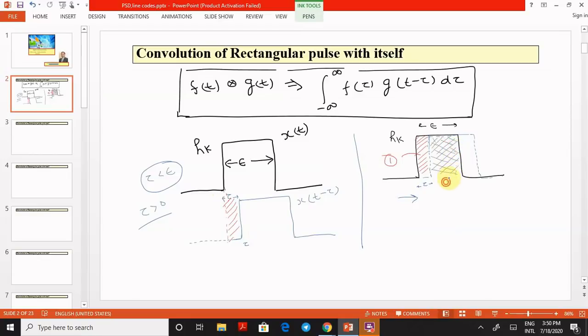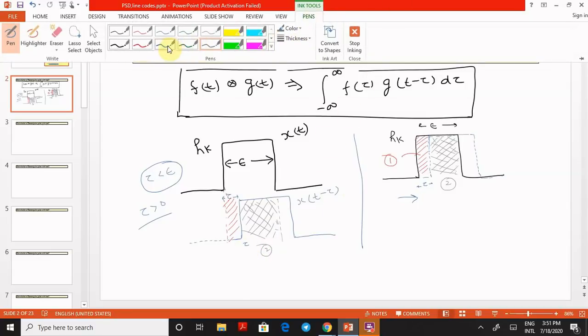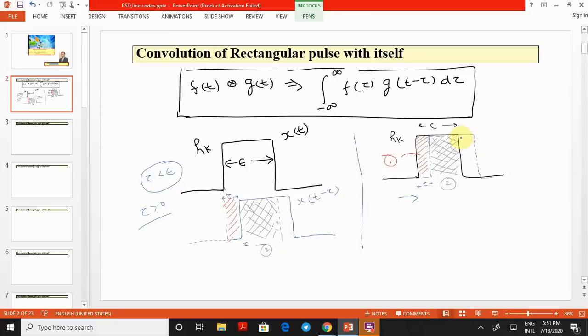Here in this figure, this is region 1. The second region is this one, the overlapped region. I am naming it region 2, defined in this area. And then this is our region number 3, here in this figure.